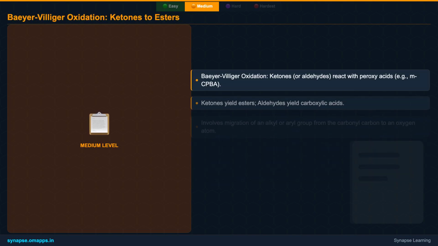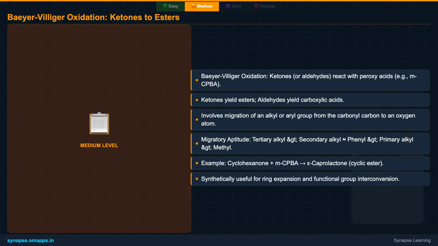Moving on to a fascinating reaction, the Baeyer-Villiger oxidation. This isn't just about breaking bonds, it's about rearranging them. Here, ketones and even aldehydes, when treated with peroxy acids like MCPBA, transform into esters or carboxylic acids, respectively. The magic lies in a group migrating from the carbonyl carbon to an oxygen atom.